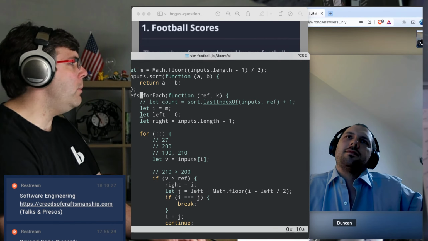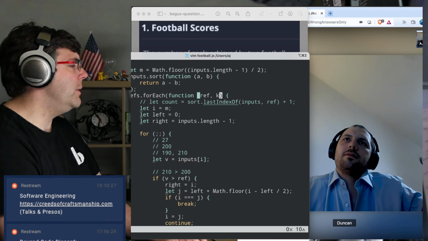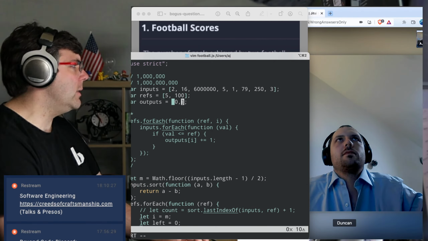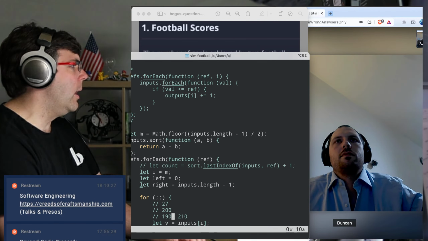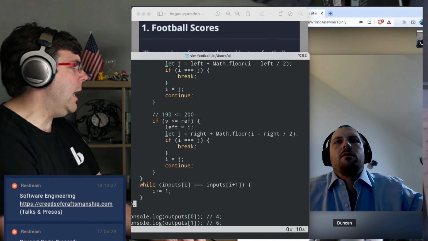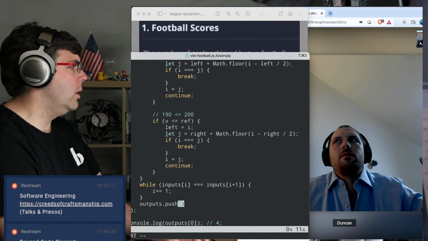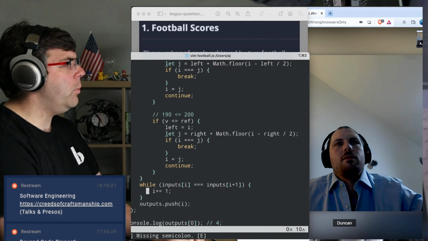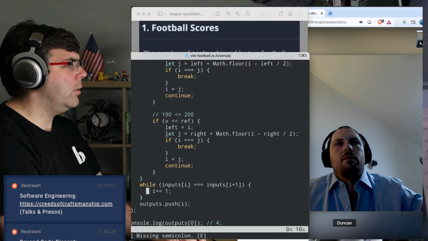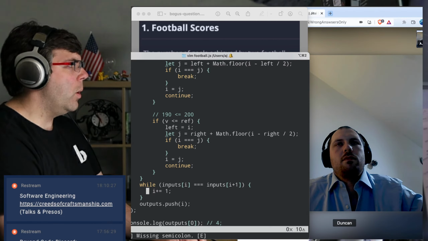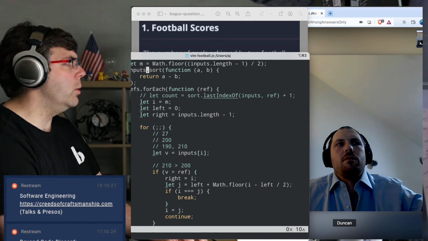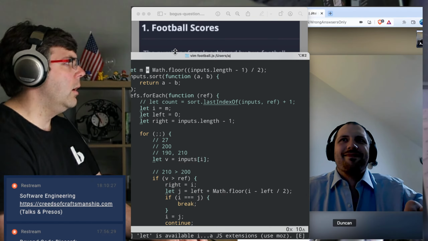So I guess we would be building our outputs array up from 0. So I could just take this value here and do outputs.push and then whatever I is. And I will be our count because it is the index of the sorted numbers. So there's probably bugs in this code, but this is the solution to the problem.